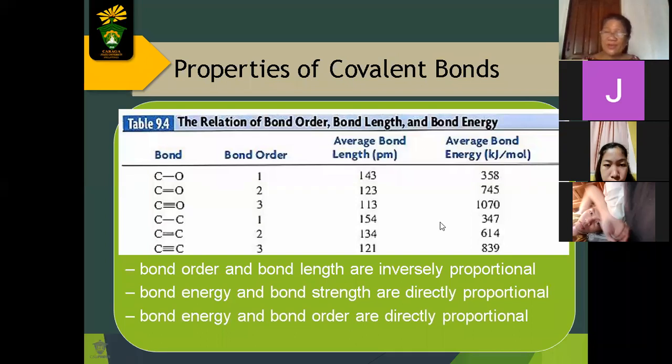So, nasiya tulo ka, duha ka karakteristik niya sa bond length o sa bond energy. Kaning bond energy, pwede po niya bond strength or bond enthalpy, the other term for that. So, sa single bond, take a look, 143 ang iyang, that's picometer, that is the distance. Then the double bond, the bond order is 2, it is 123.